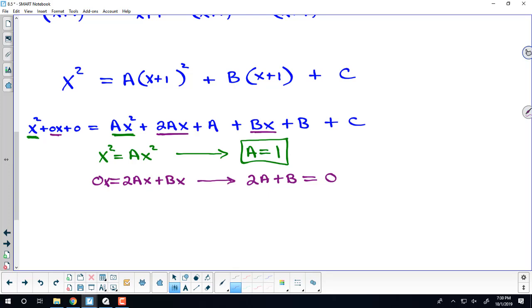Is everybody all right with what we're doing? Okay. So we already have A equals 1. If 2 times A plus B equals 0, that allows us to solve for B. So B is -2.